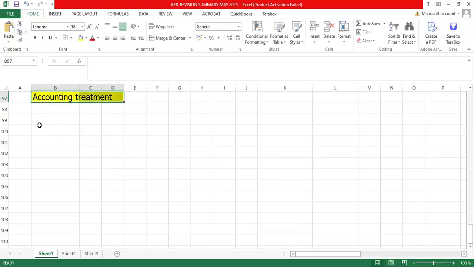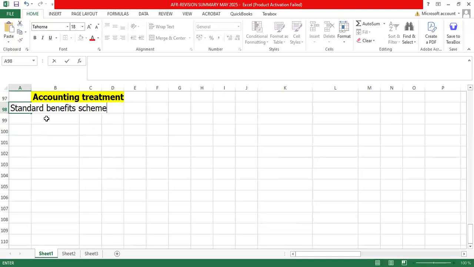This is the last part for now. How are you going to account for the defined contribution scheme?